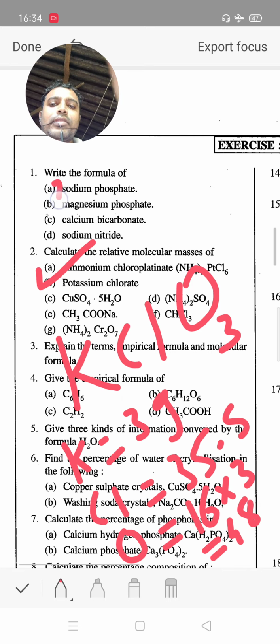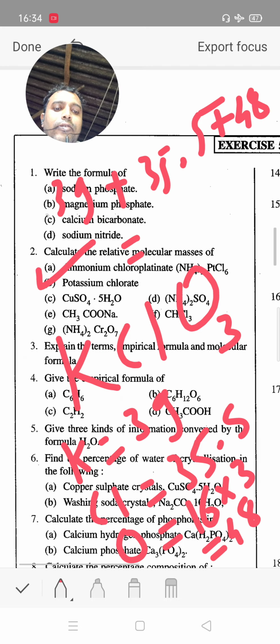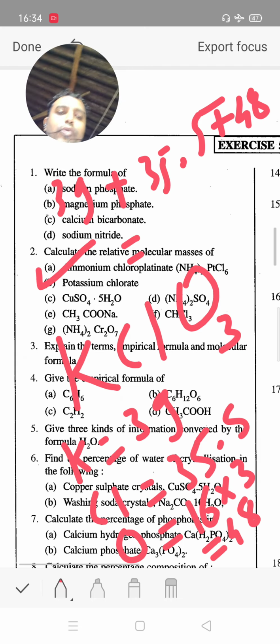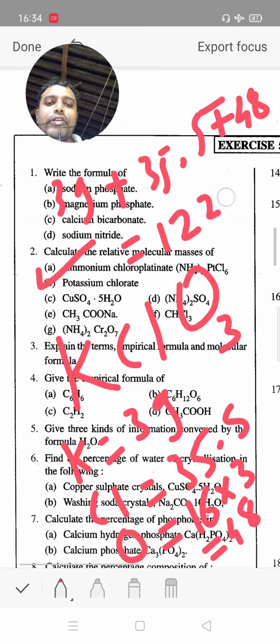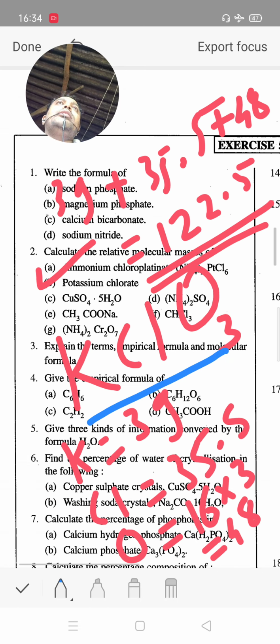Now add 39 plus 35.5 plus 48, and we get the molecular mass, 122.5. First we know the formula, then we calculate the molecular weight. If you know the formula and atomic masses, then we can calculate the molecular weight of any compound.